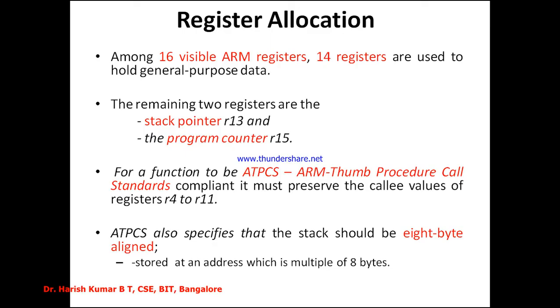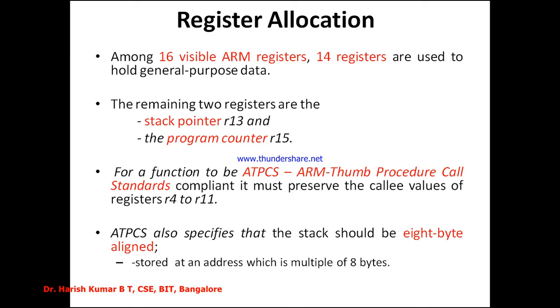That means, say I have a word to store to the stack. I can store it at address 0, because 0 is a multiple of 8, because 8 into 0 is 0. And after 0, what is the address at which I can store the next element? It is at address 8, because 8 is a multiple of 8 again. 8 into 1 is 8. And after 8, which is the next address I can store the word?